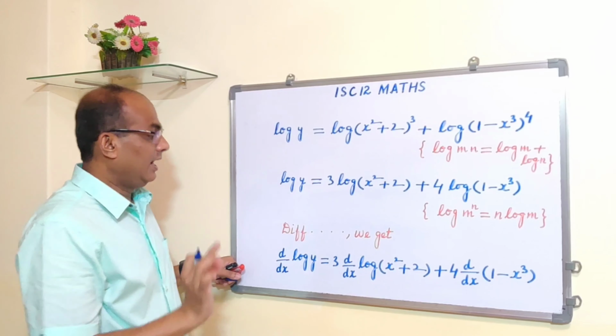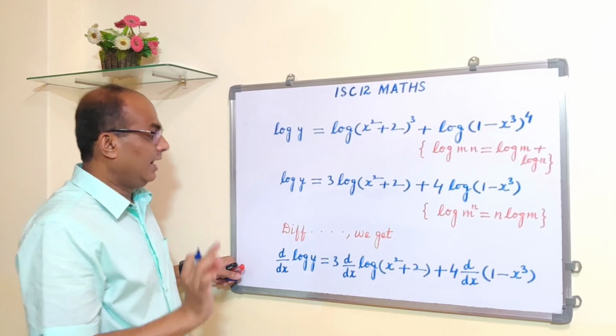Please remember: 1 upon y dy upon dx is equal to 3 as it is.